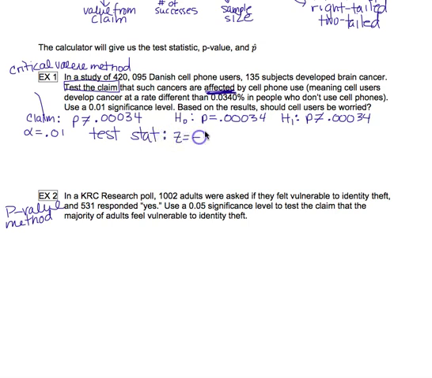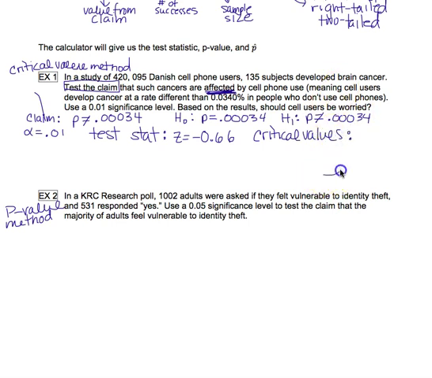So test statistic, z equals negative 0.66. So when I am using the critical value method, I need to compare my test statistic to the critical values. So our critical values we find, and again, you don't have to draw the picture every time, I'm just doing that to illustrate for you.